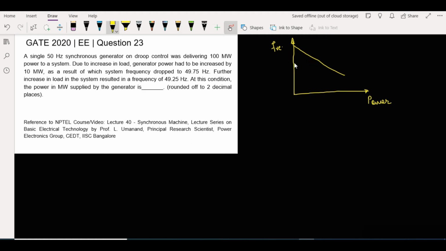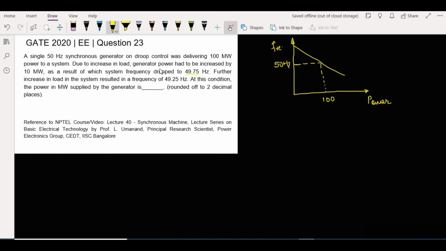So, say this is 50 hertz. At 50 hertz, the power that is delivered is, say, 100. Okay. Now there is a drop in the frequency to 49.75 hertz, right?